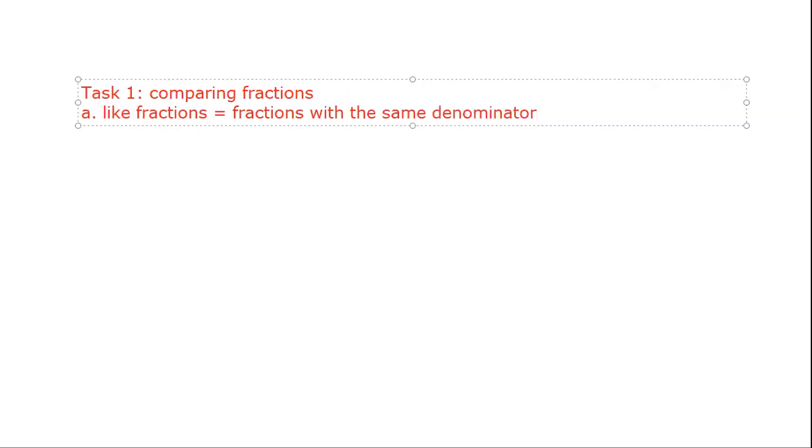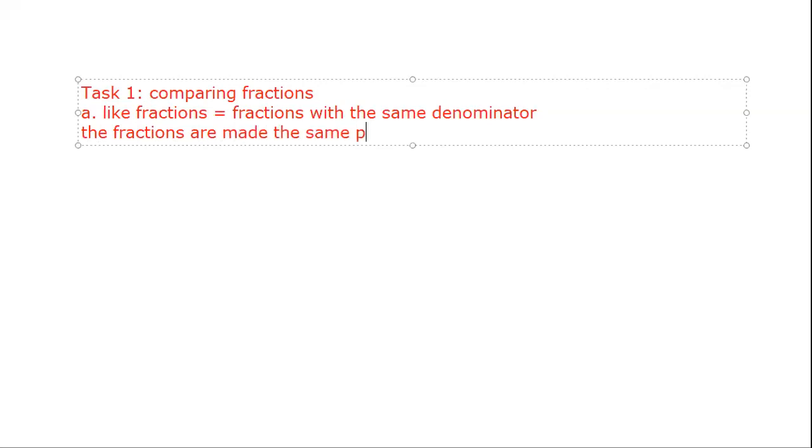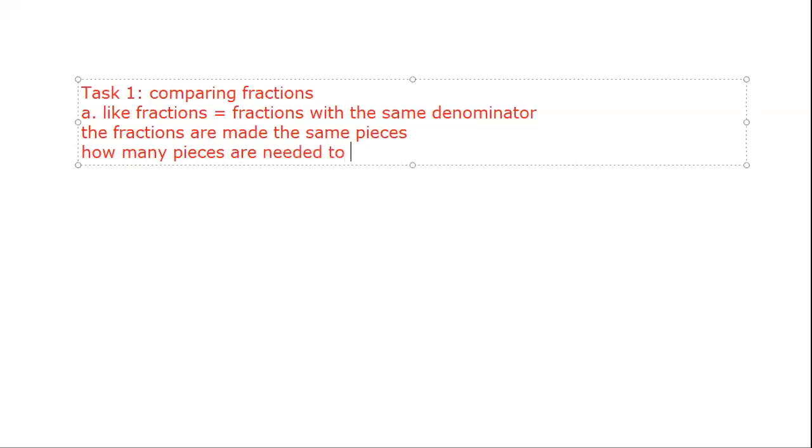In this case, if the fractions have the same denominator, then the fractions are made by the same pieces, right? So the difference is basically how many pieces are needed to make each fraction.